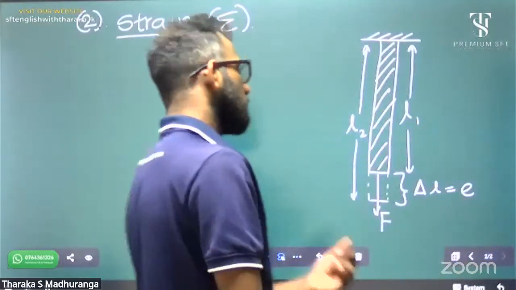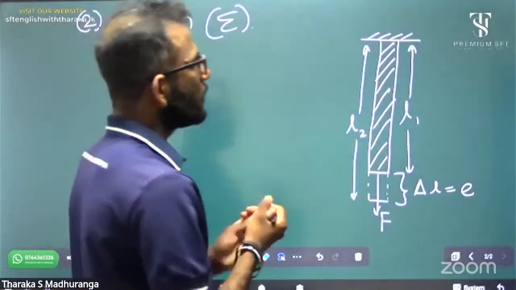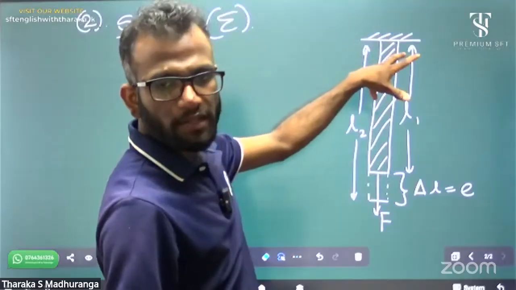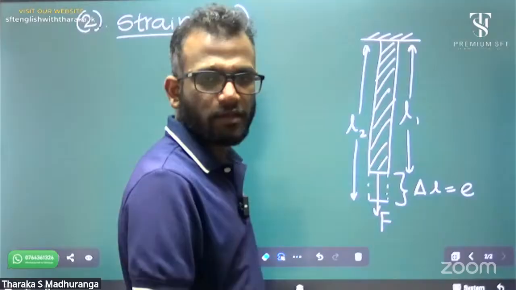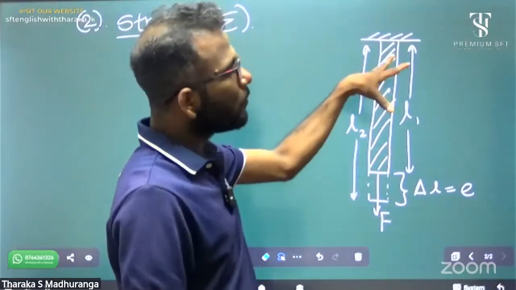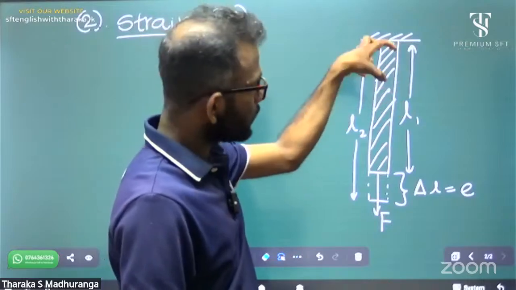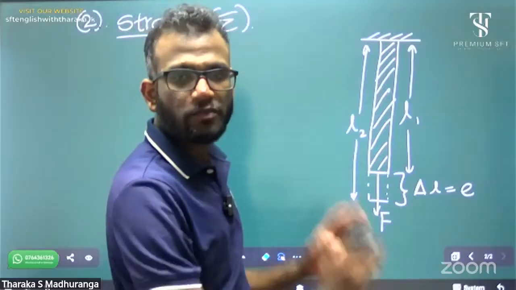Okay, remember, the strain means a very simple thing. The strain means, according to the initial length, how many extensions are taken by this string. Relevant to the initial length, how much extension is taken by this material.